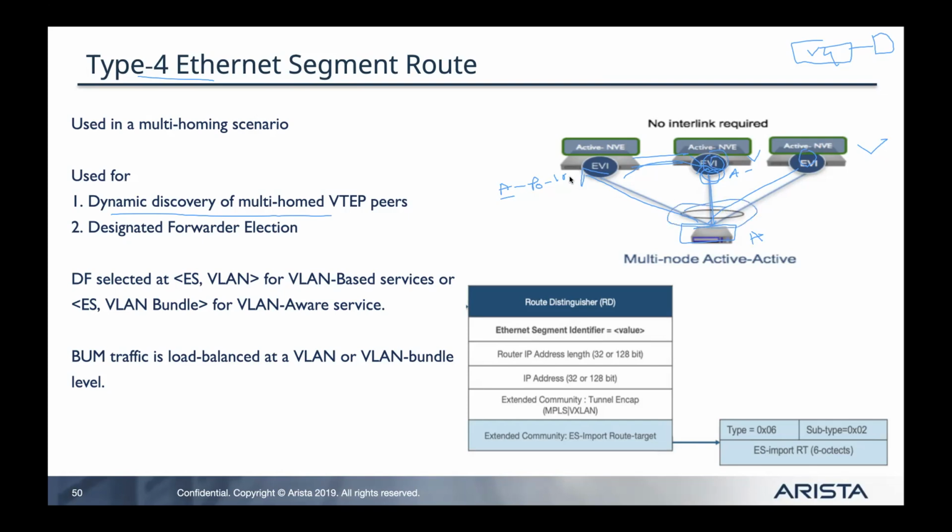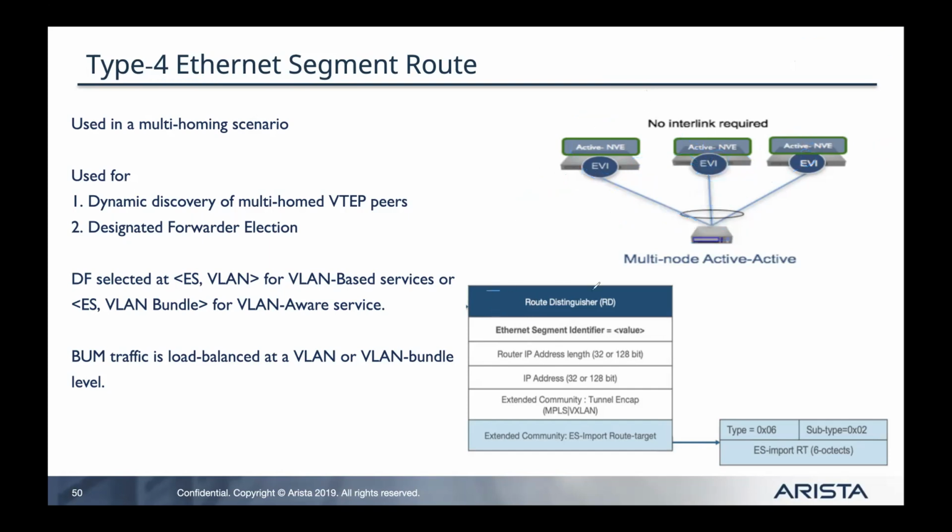Whatever MAC address I have learned on this Ethernet segment, the other one is also sharing, and I can use the same. This VTEP will send a type 2 route, which all the others will receive, but it will also advertise information telling the peer that we are sharing a common Ethernet segment. We are peers.